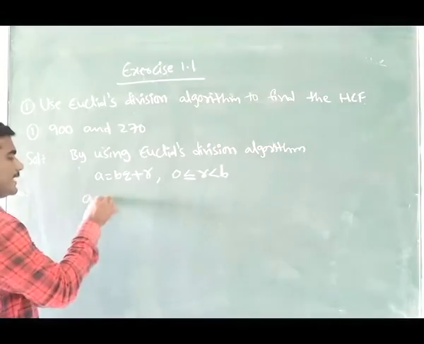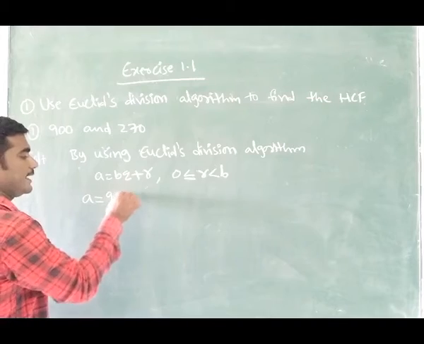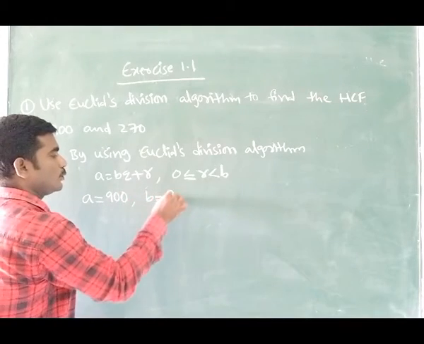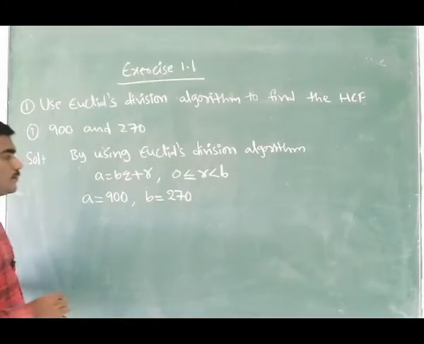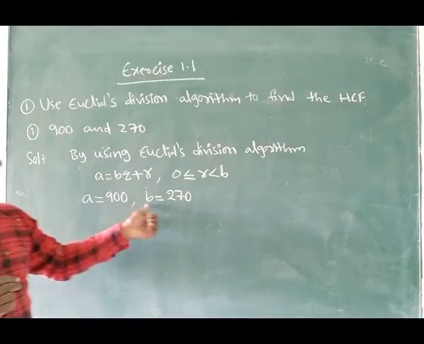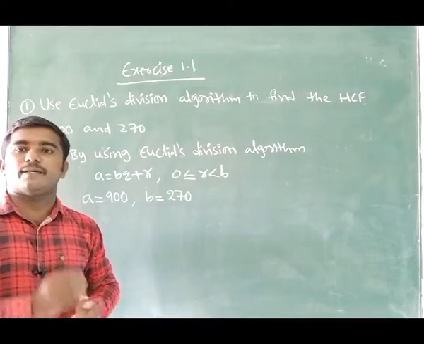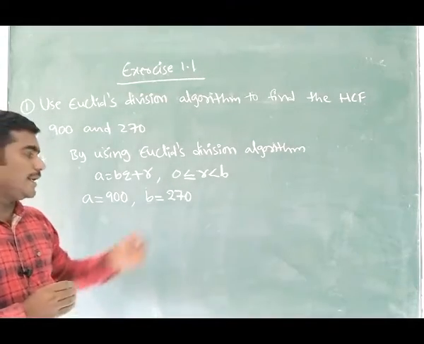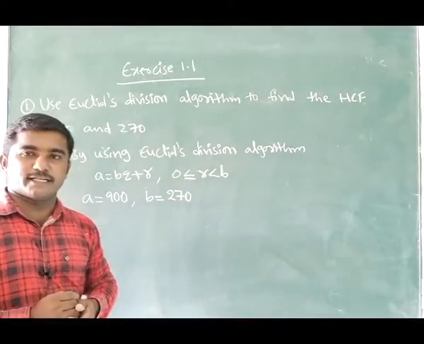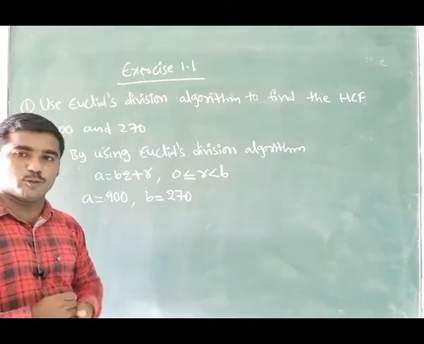So A is equal to 900 and B is equal to 270. The greater number is taken as the dividend and the smaller number as the divisor.